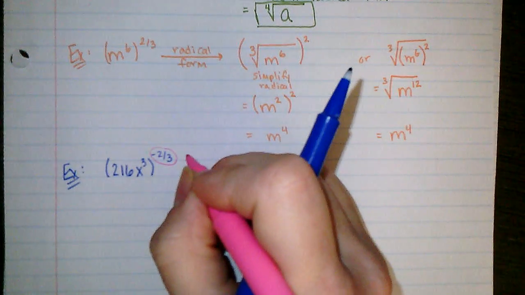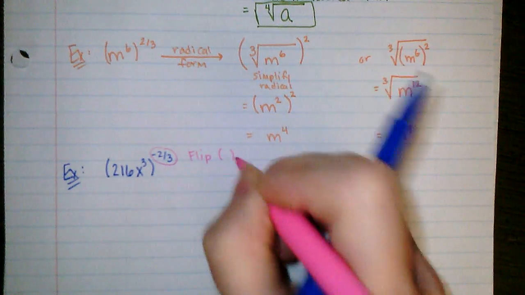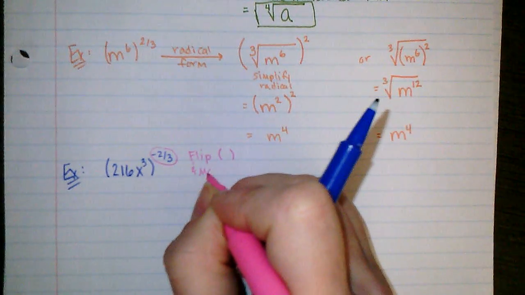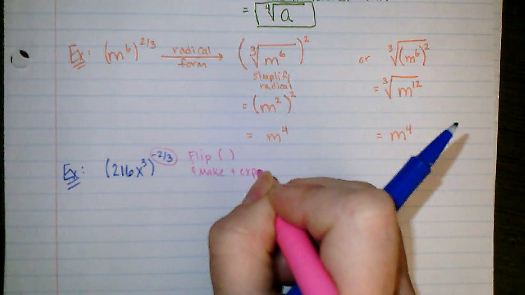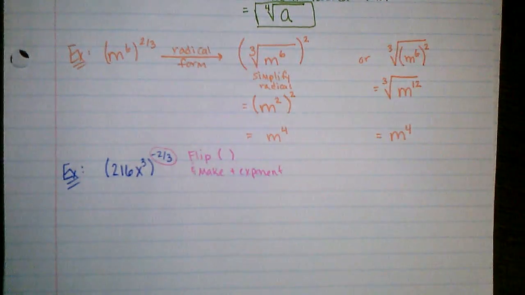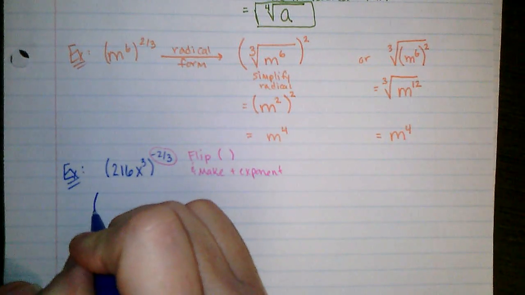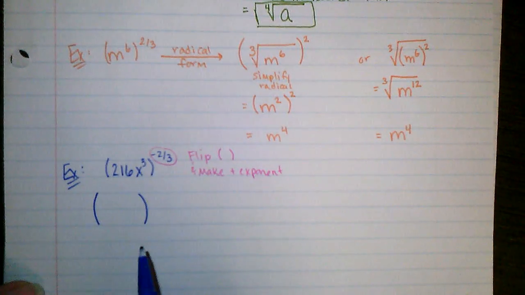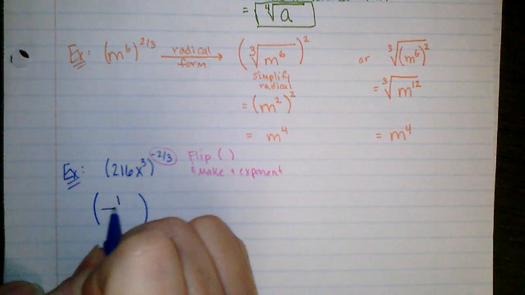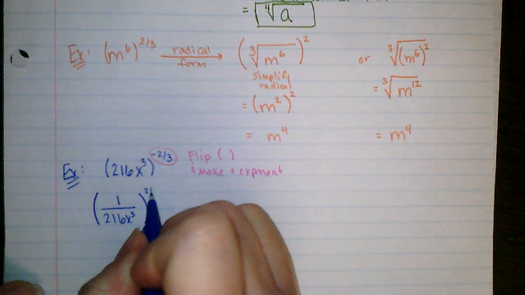So remember the strategy there was to flip what's inside the parenthesis and make it a positive exponent. So that is going to be, instead of 216x cubed, it's really 216x cubed over 1. So it's going to be 1 over 216x cubed to the positive 2/3.